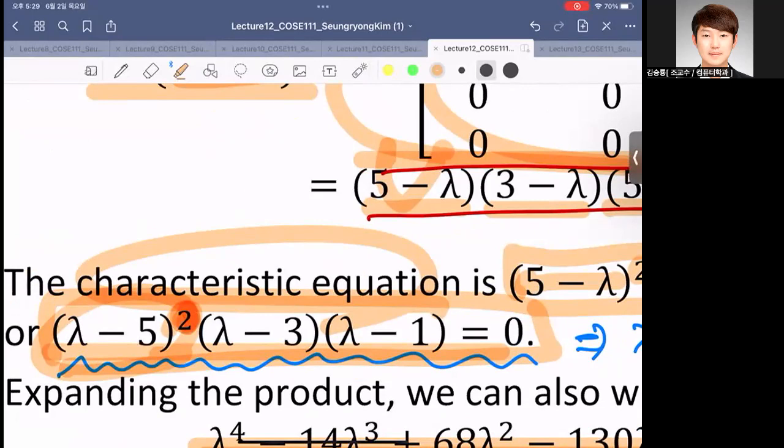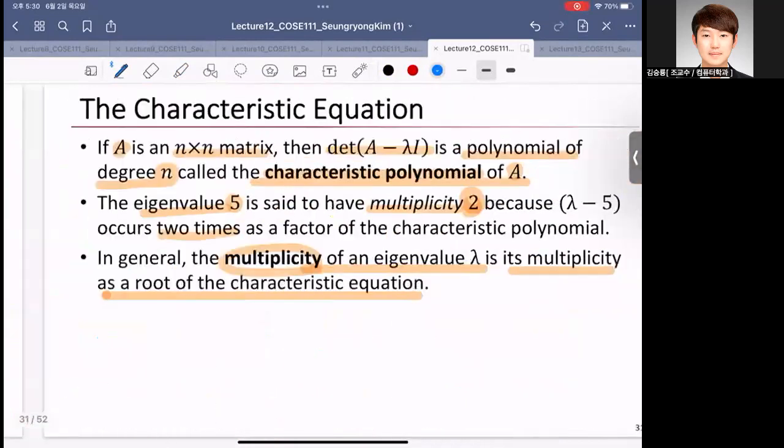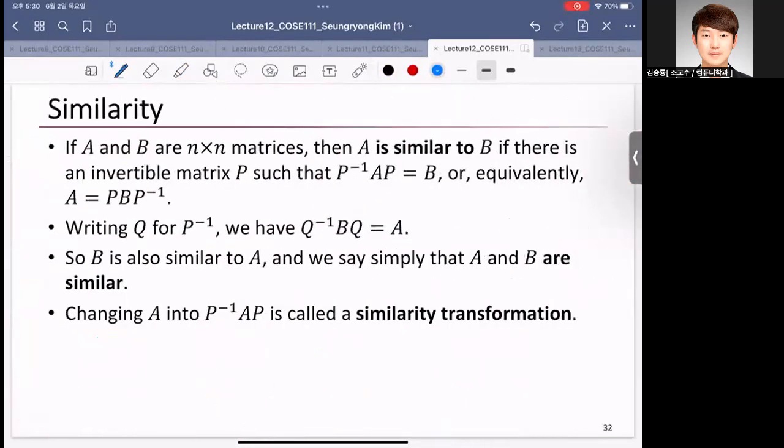Just 1. 그렇죠? Because there is only one factor. So the multiplicity of the eigenvalue 1 or 3 is just 1. 그렇죠? This is just our definition. 자, question so far.